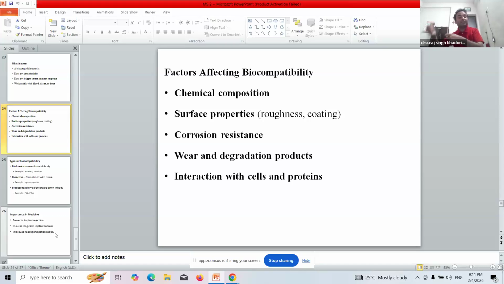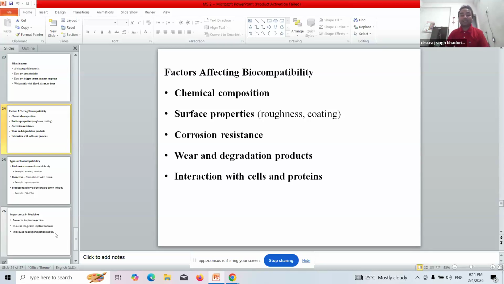When there is specificity in their union, there is specificity in their target action. When there is specificity in their target action, there is more healing, more recovery. So this is all about the chemical composition of biocompatibility, the material science.